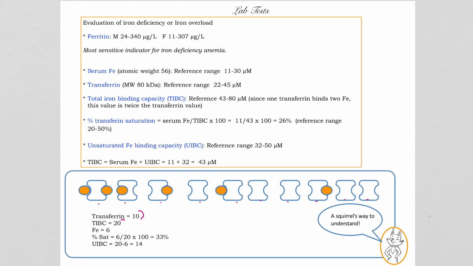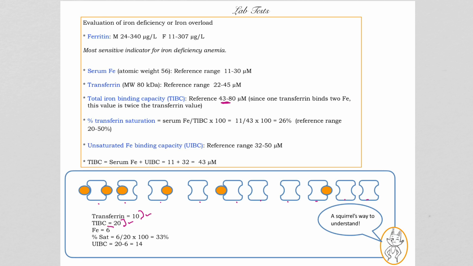So the total iron binding capacity is 20. Of course, these are just numbers we use here, but in reality, you use concentrations, right? You use concentrations in terms of either milligrams per deciliter, or micromolar, or millimolar, or whatever. Okay, so if you had 10 molecules of transferrin in the sample, the TIBC would be 20.